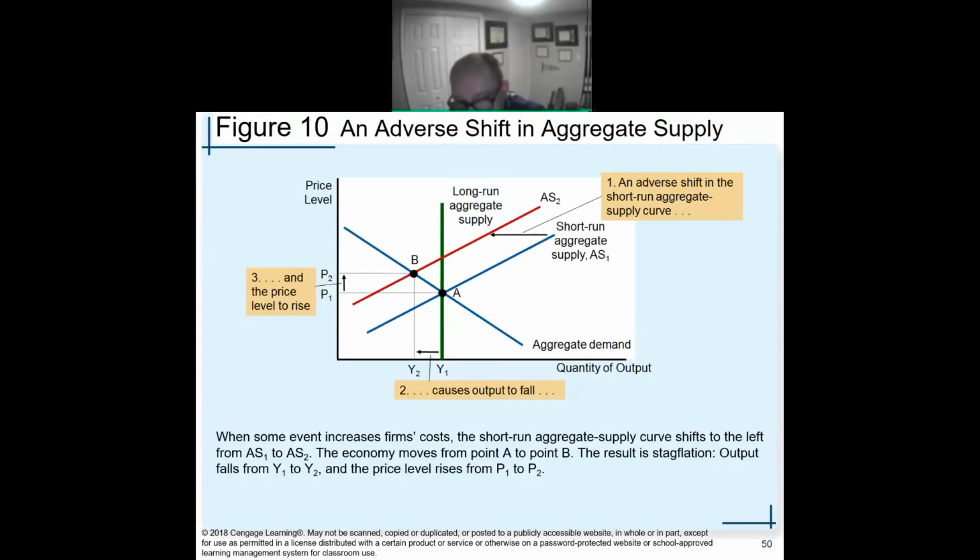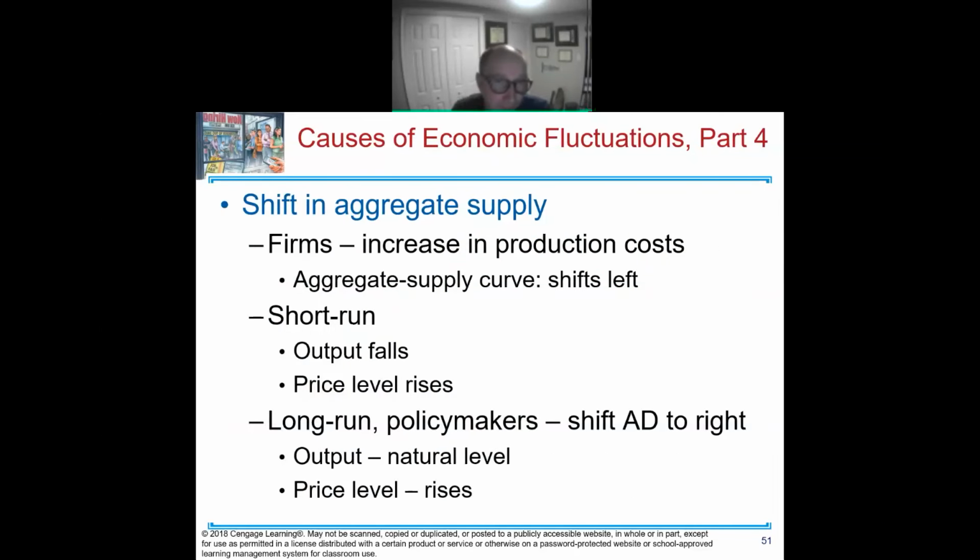And of course, this is what it looks like graphically. Very similar to what we learned about in the first couple chapters of this course. We're just adding a few more components in, is all. But at times of recession, times of growth, when there is an increase in production costs for supply, the supply shift will be to the left.